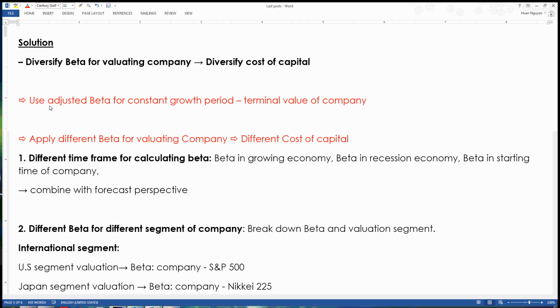So in class, Nicholas' group talked about adjusted beta, and I think it's very interesting and very useful for us in calculating the constant growth period, because adjusted beta gives us a whole picture of a long-run beta in the future. So I think it's very suitable.